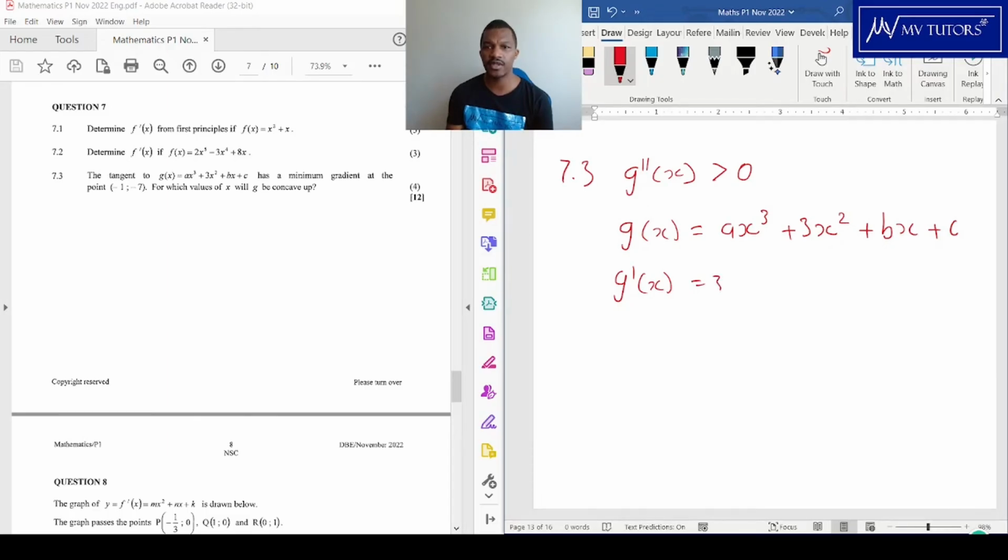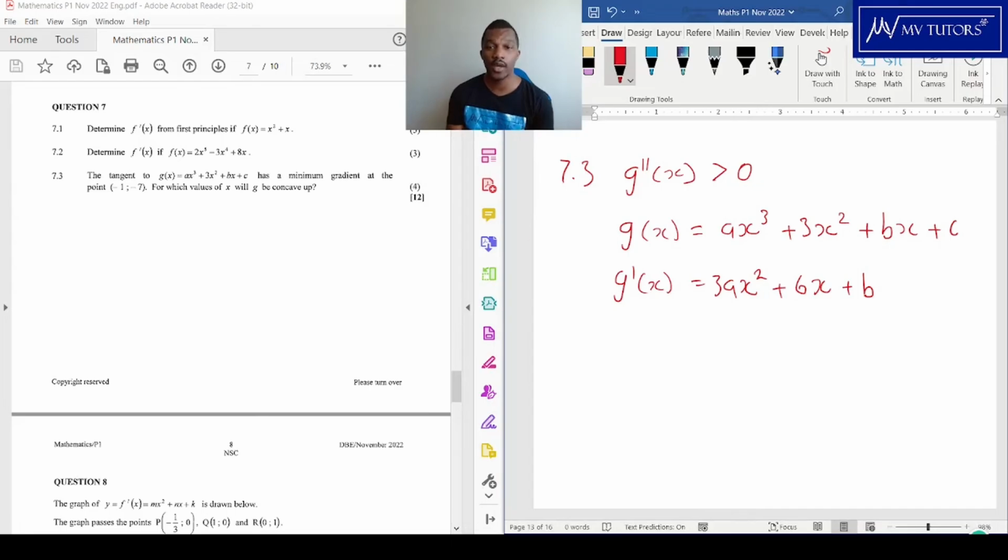A times 3 is 3a x, and then 3 minus 1 is 2, plus we bring the 2 down. It's 3 times 2, which is 6, and then 2 minus 1 is just 1, and then this one, it's 1 times b, which is just b. 1 minus 1 is 0. Anything to the power 0 is 1. This is the first derivative.